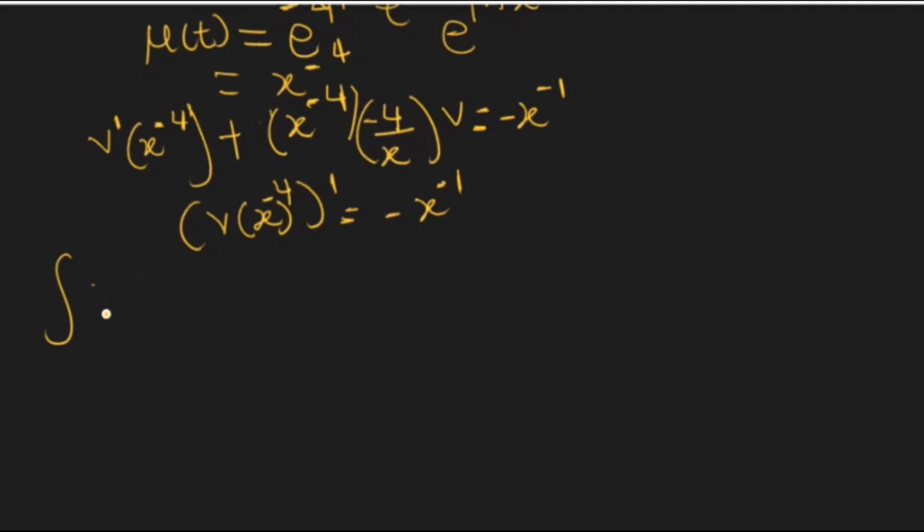So the integral of v multiplying x to the power negative 4, and I have my prime outside, then it's going to be equal to the integral of negative x to the power negative 1.